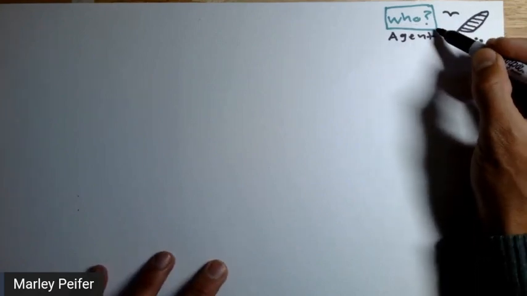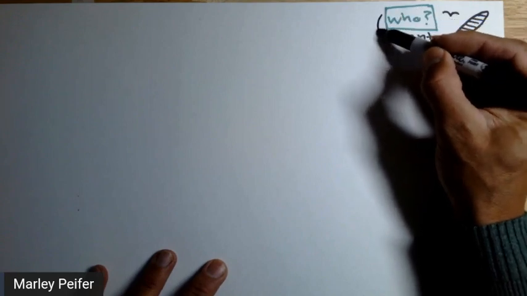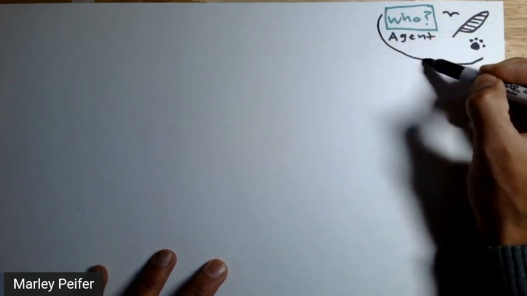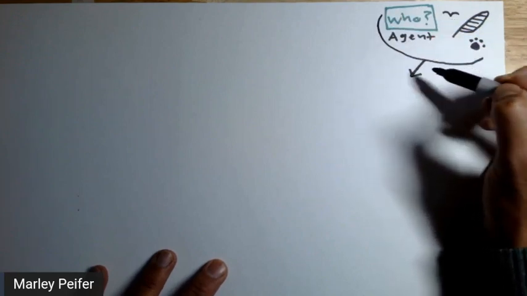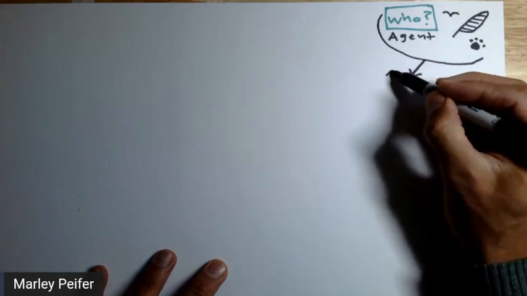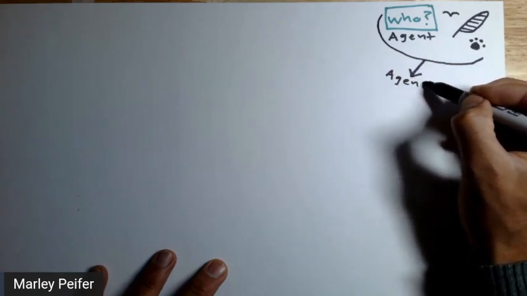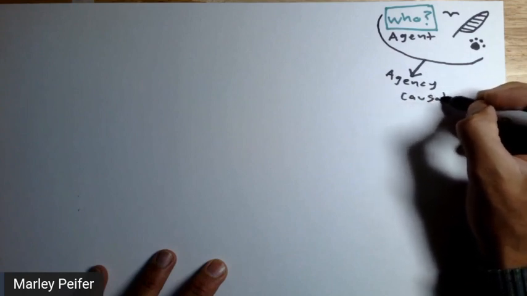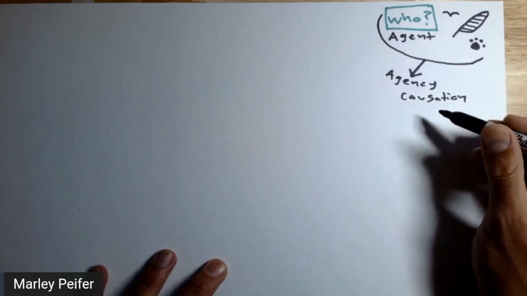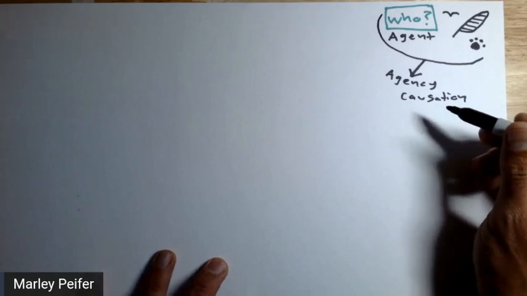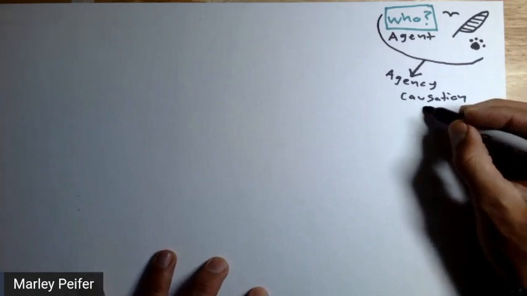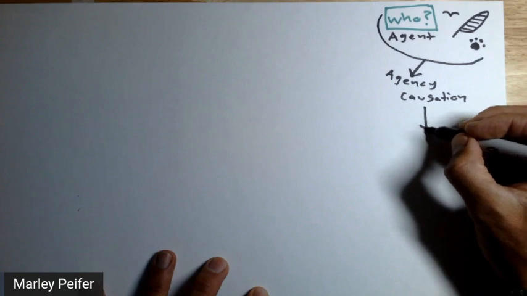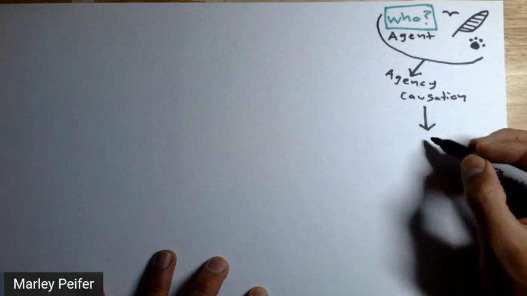And that's because this question can often give us insights or help us make predictions about agency and causation. And that helps you make predictions. And that is something that is really important for people, and especially for our ancestors, early humans.